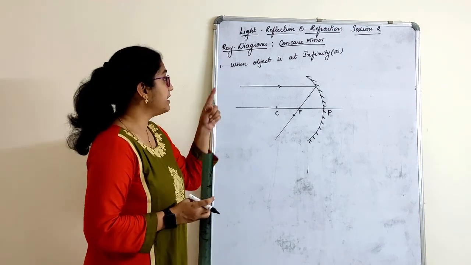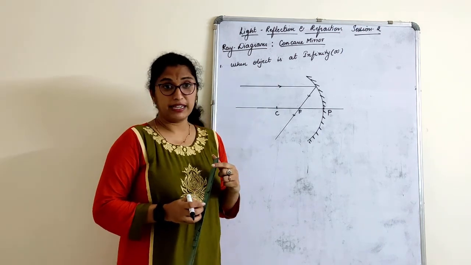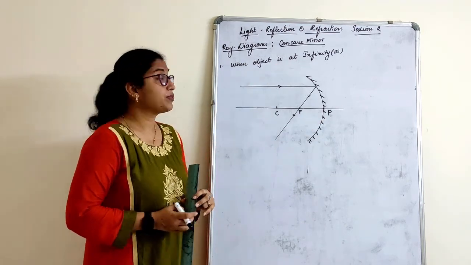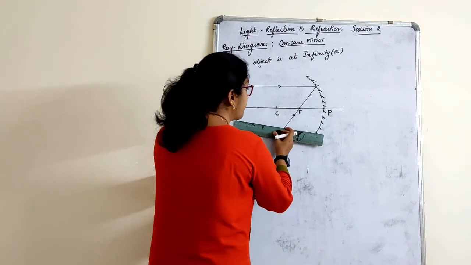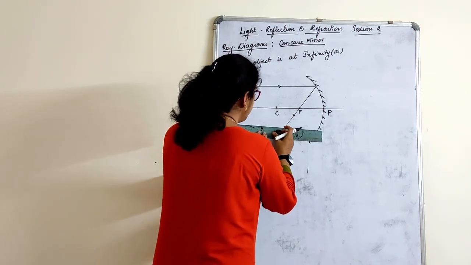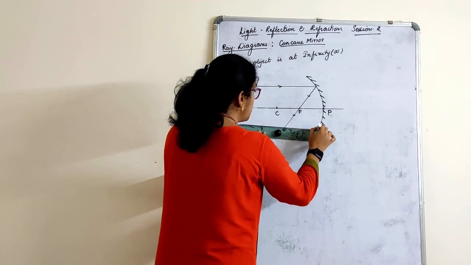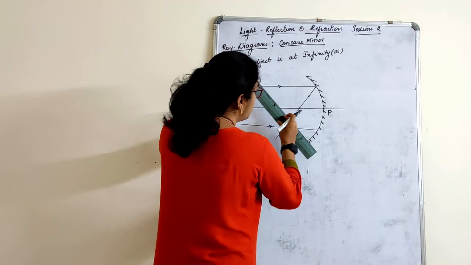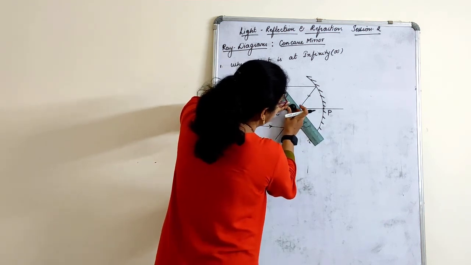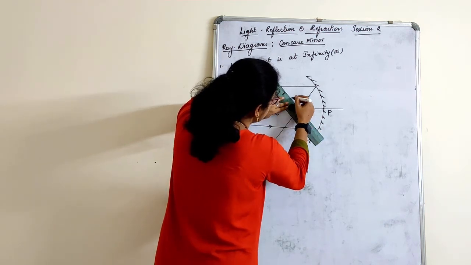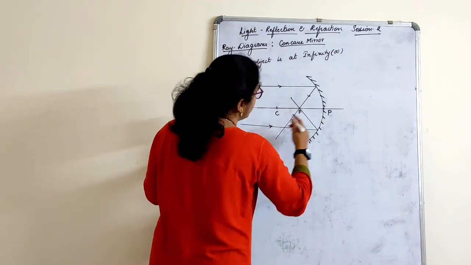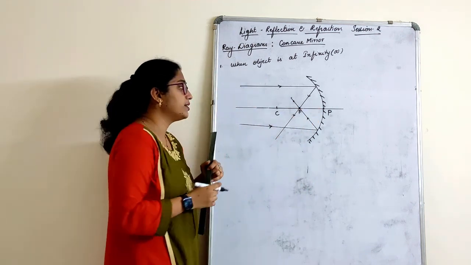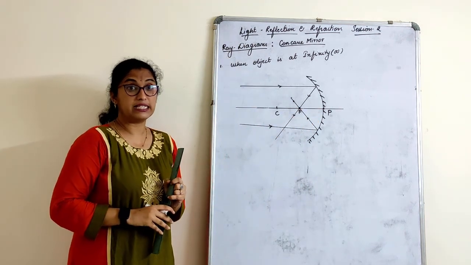Usually whenever it is asked, when an object is kept at infinity, we have only parallel rays of light coming. So one more ray, we'll show it from here. Another parallel ray, you can just show it from here. This is the ray. Once it touches the mirror, what happens? It passes through the focus. Right? So this is the point where image formation is done.